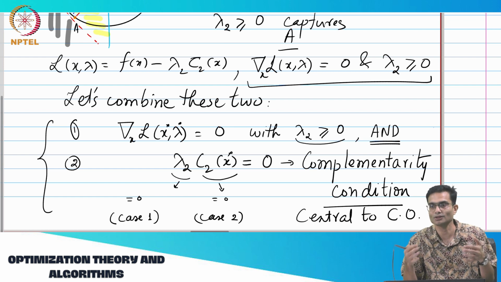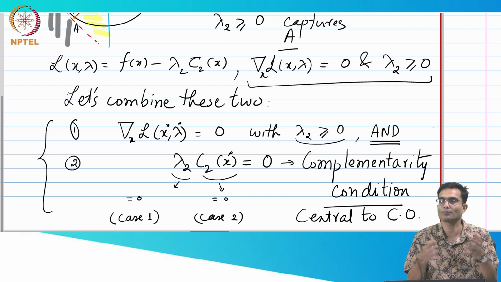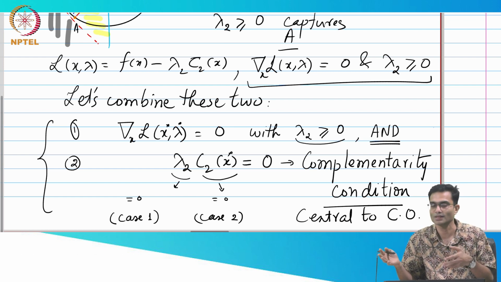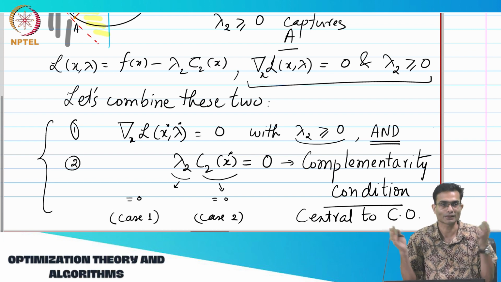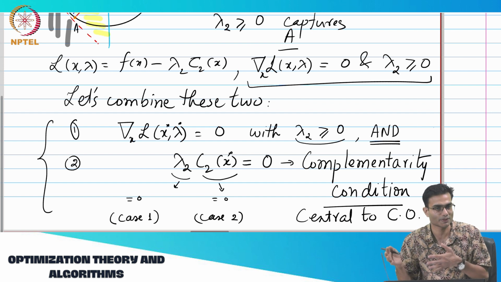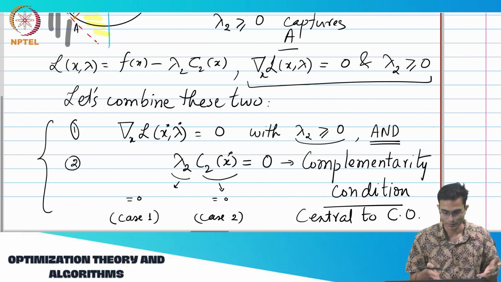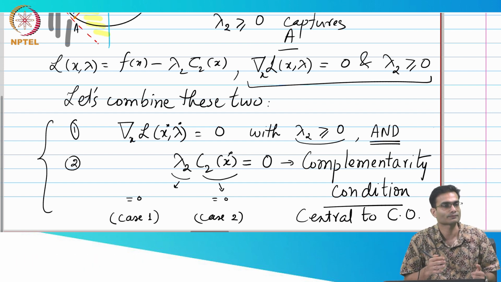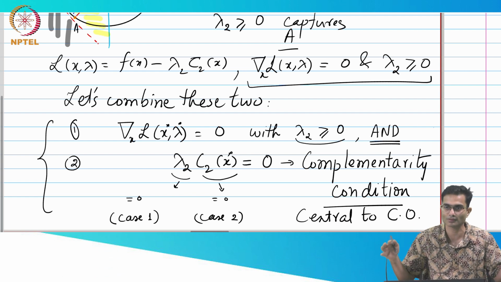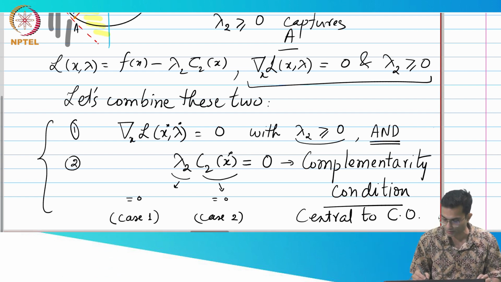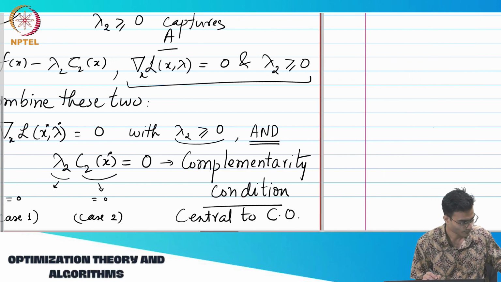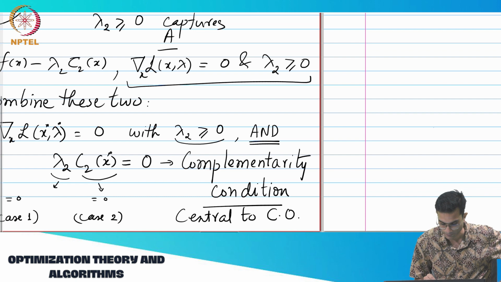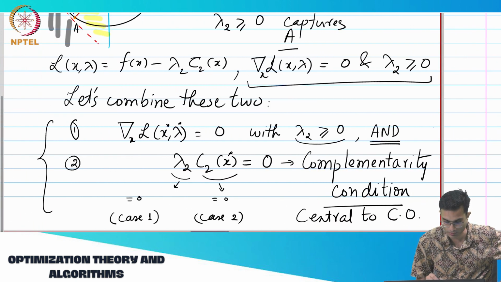So that is what will turn out in the final theorem statement, where I have a combination of equalities and inequalities. The equality related Lagrange multipliers can take any sign. The inequality related Lagrange multipliers must be greater than or equal to 0. And I have this complementarity condition. This is together going to form our canvas for doing constraint optimization.